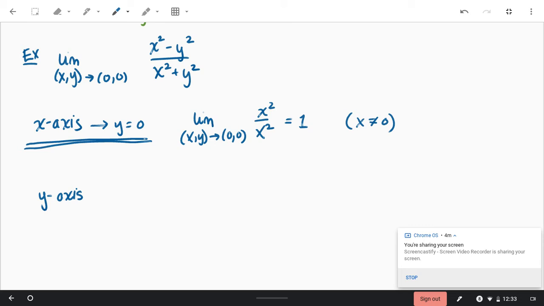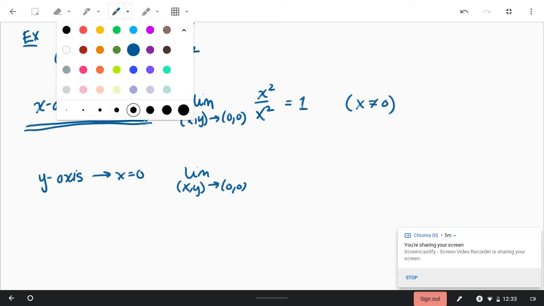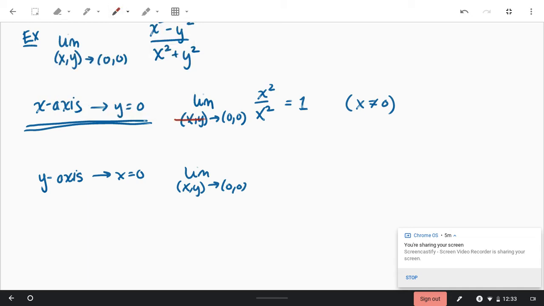So you pick a path and you rewrite your function as if you're on that path. Now when we do the y-axis, x is 0. I got ahead of myself here. We could also write that first one, since y is 0, as just the limit as x goes to 0. y doesn't need to go to 0 because it already is 0.